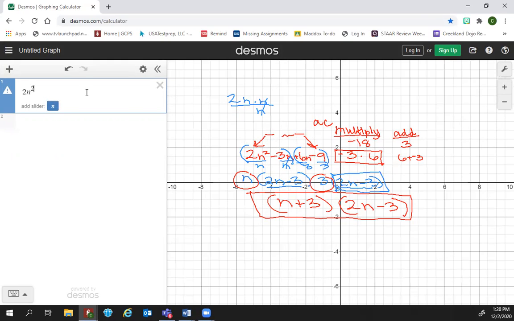And then I did plus 3n minus 9. What does this say? It's not what I'm trying to do. I just want to graph it. Is it still doing the same thing?